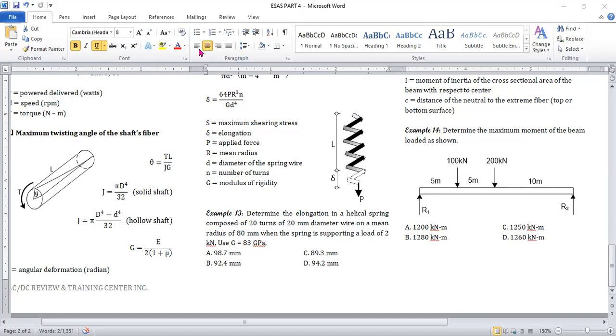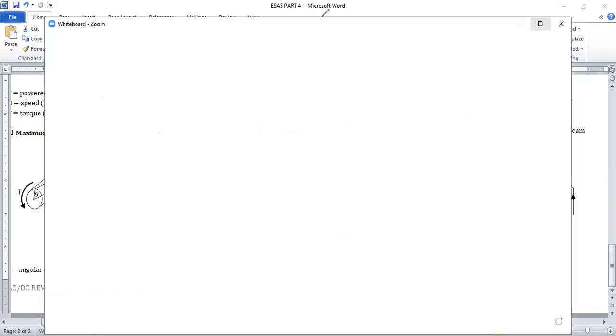So this is just a calculation for the elongation of the spring. The elongation of the spring is given by the formula 64PR cubed N divided by GD to the fourth.